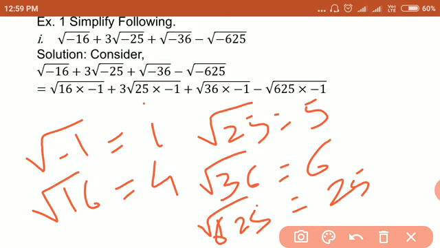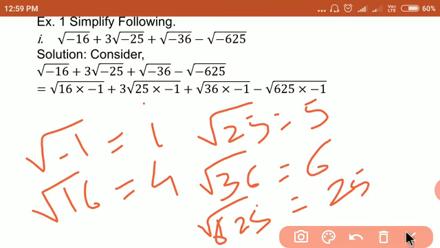So substituting all these values, here we get the value for the first root is 4i. Here square root of 25 into minus 1 is 5i. Square root of 36 into minus 1 is 6i. And square root of 625 into minus 1 is 25i.